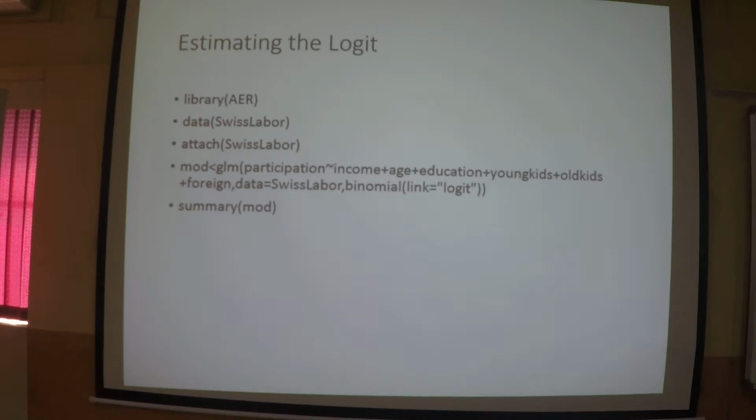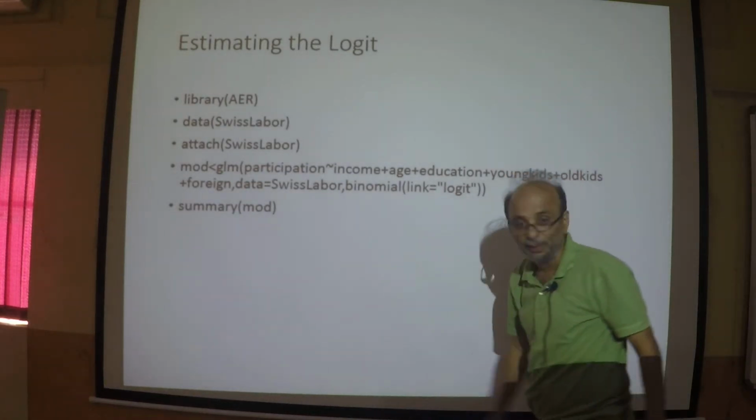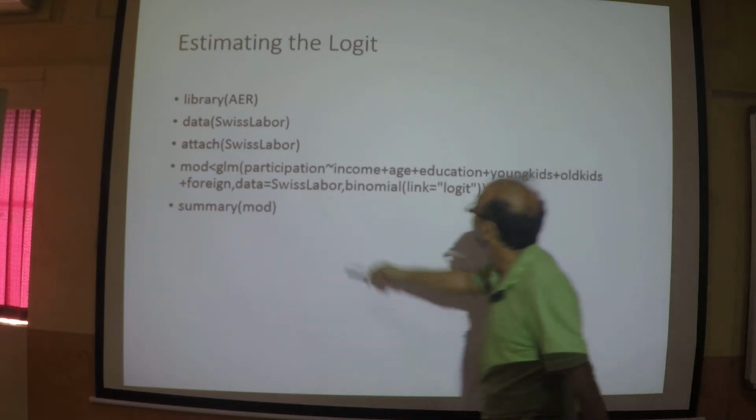So now let's estimate the logistic regression. How does the formula change? Instead of LM, it becomes GLM, the generalized linear model. Participation is now the dependent variable. Income, age, education, young kids, old kids, foreign: the explanatory variables remain the same, the data remains the same.